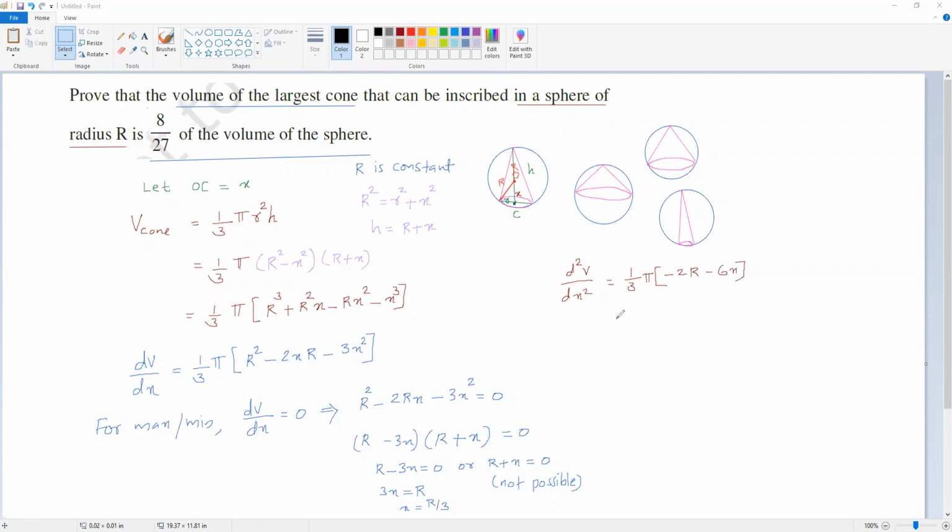So if you take minus common, you will get like this, minus 1 by 3 pi, or even if you want, you can take 2 also common, minus 2 by 3 pi, then r plus 3x.